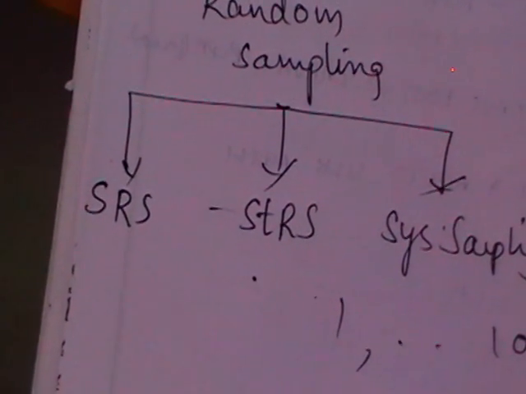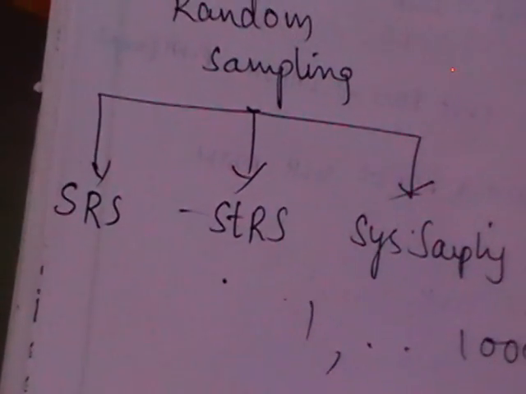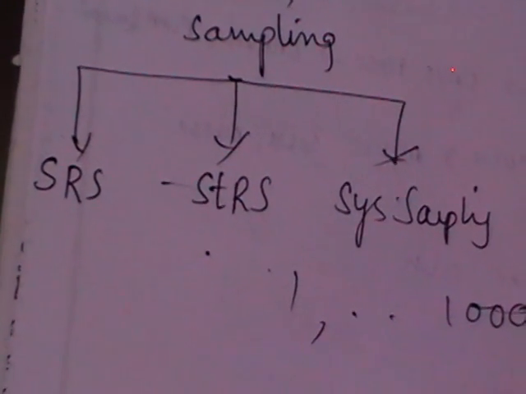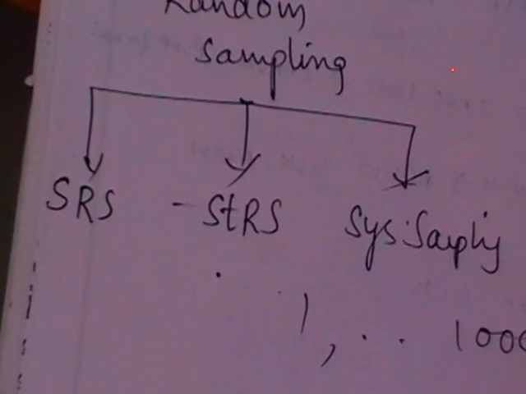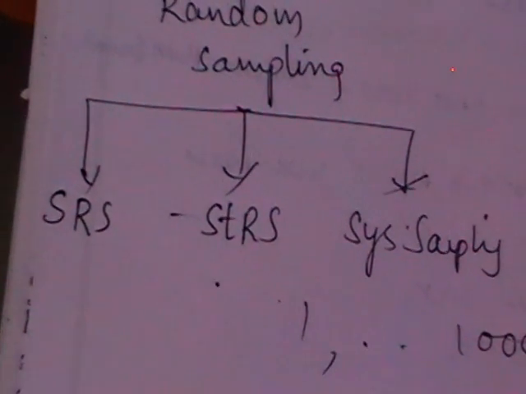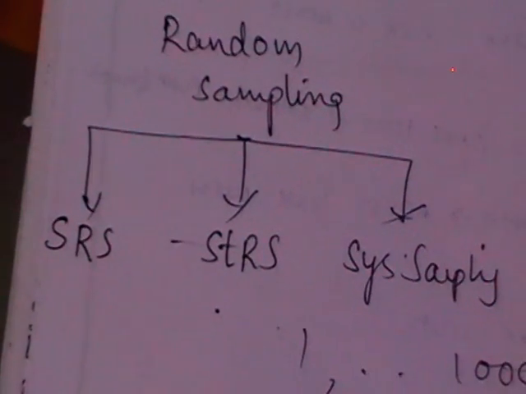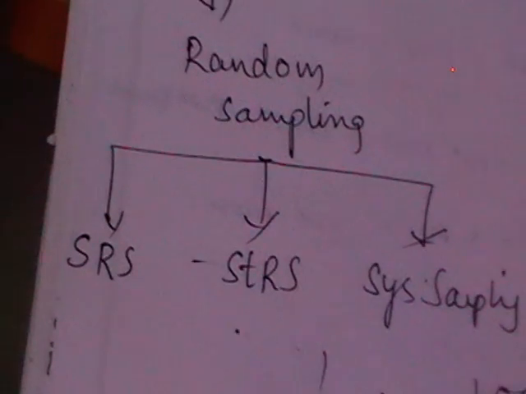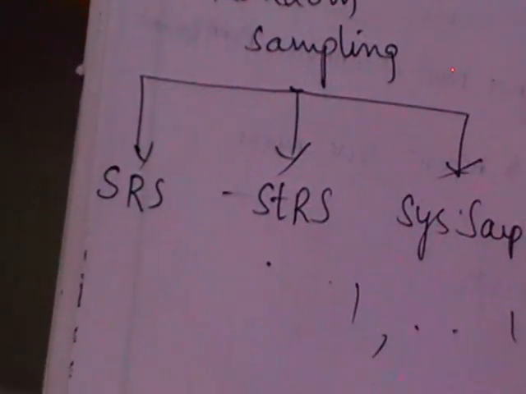Now, what is simple random sampling? The first point you should remember is that this is used when the population given to you is homogeneous. What do you mean by homogeneous? Let us take a simple example.